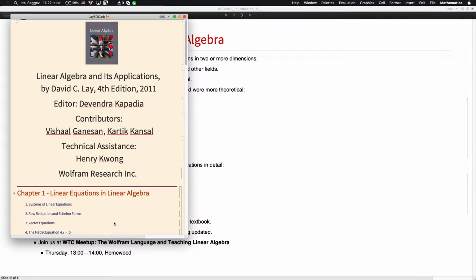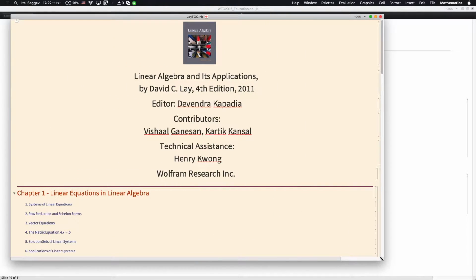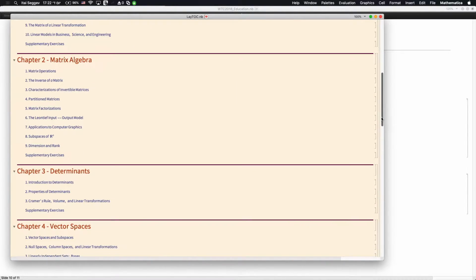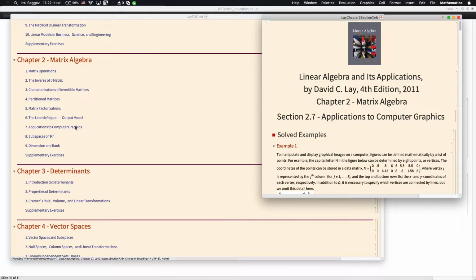Every problem in Lay is solved over here, and that's the table of contents. So let me just enlarge it a little bit if I can. And if you click on any one of these, so let's say click over here, application to computer graphics. That's a section of computer graphics with every example typed in, questions answered, everything, nothing left out.